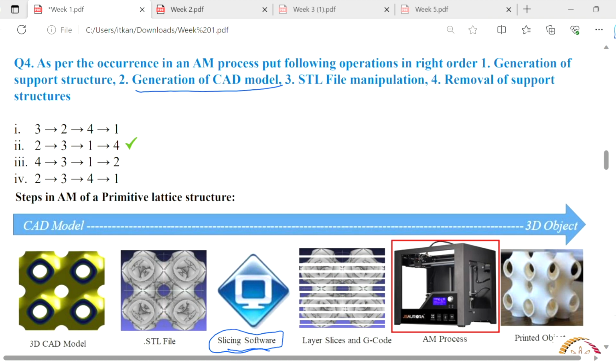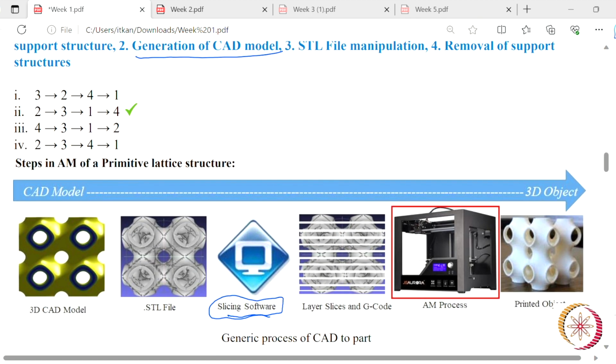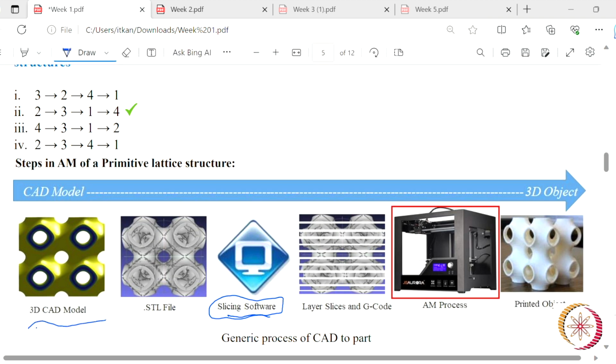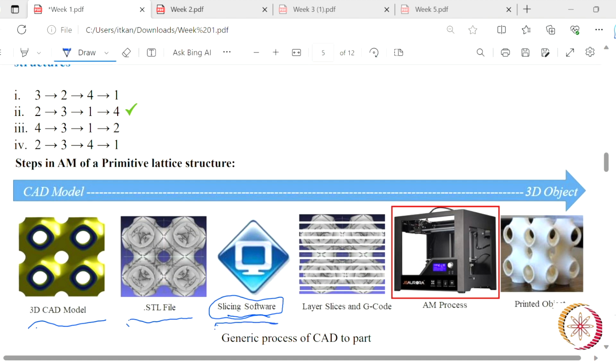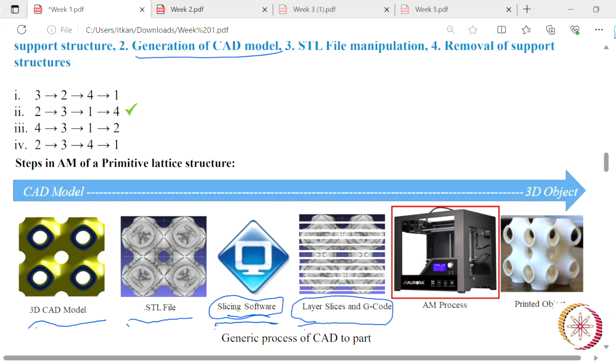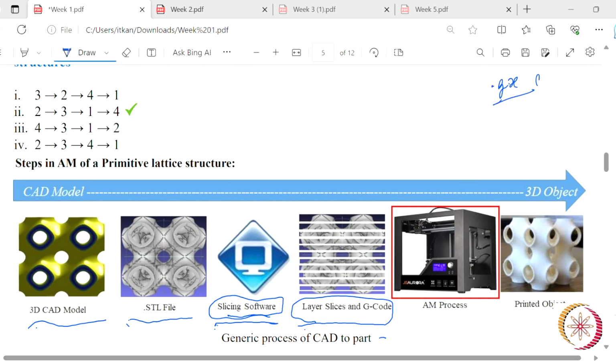Okay, so now here we have a primitive lattice structure. So this is the CAD model of the lattice structure. After that, the STL file is generated. Then in any slicing software, the slicing is done and G-code is written. This is done by the software itself, because when you print the file, the printer will understand the format in G-code.